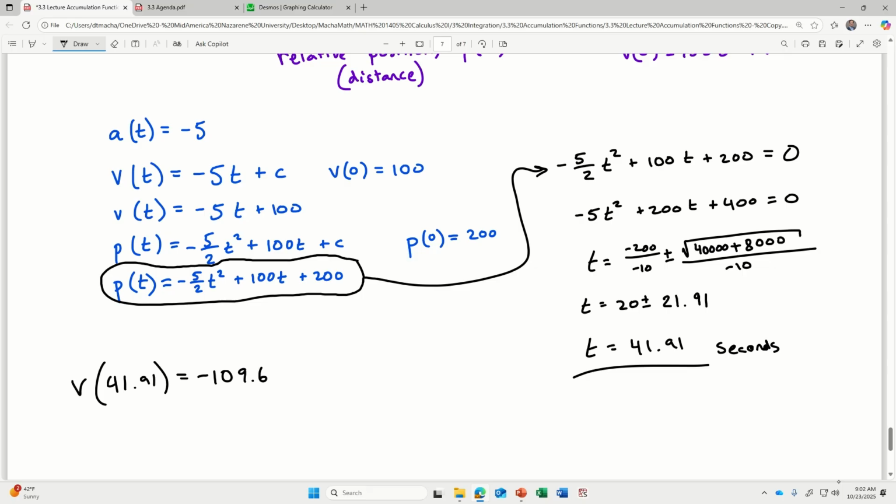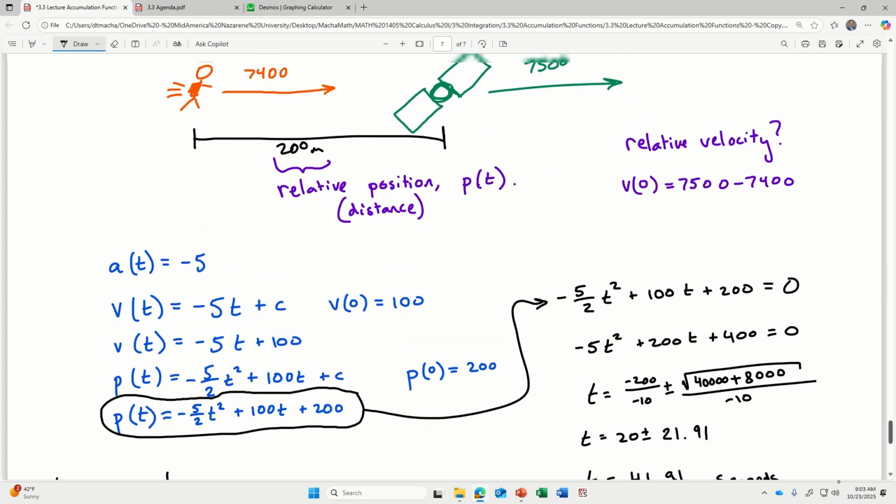And if we're talking about speed, speed is the absolute value of velocity. And so we are hitting the satellite at 109.6 meters per second. That would probably really hurt. Probably would not be very comfortable to collide with a satellite going 109 meters per second. She probably didn't survive that.